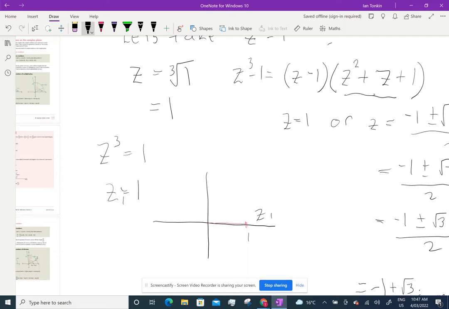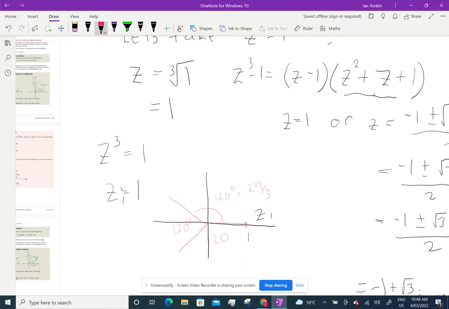Well, the other 2 are going to be evenly spaced. So that means there's going to be 1 there and 1 there, and they're the same angle. And that angle is 120 degrees, and 120 is 2 pi on 3.